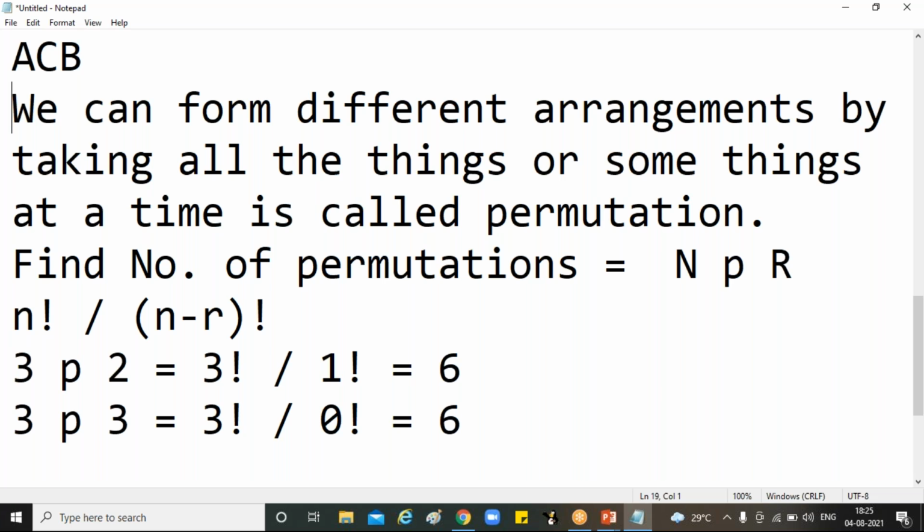We can form different arrangements by taking all the things or some things at a time.